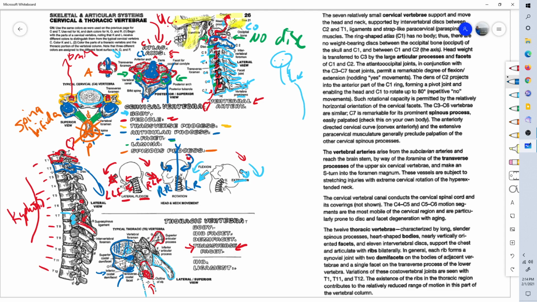Even though, to make matters more complicated, it is the inferior demifacet that articulates with the superior part of this rib, and the superior demifacet of this vertebra, which articulates with the inferior part of the rib, the head of the rib.